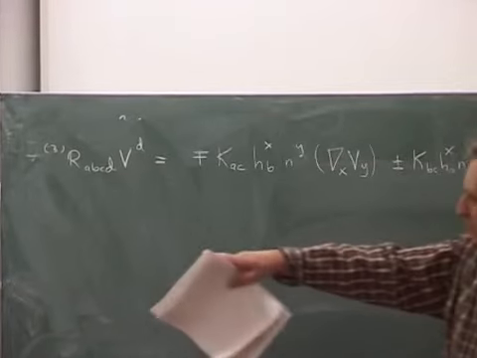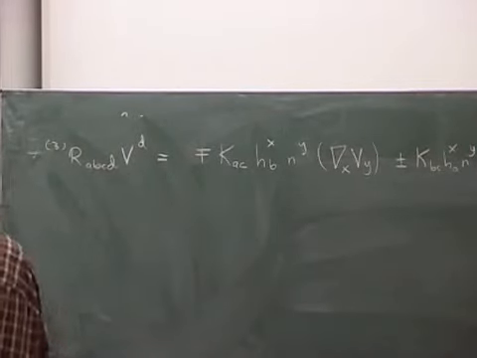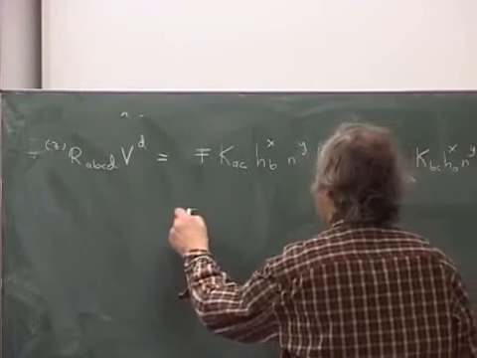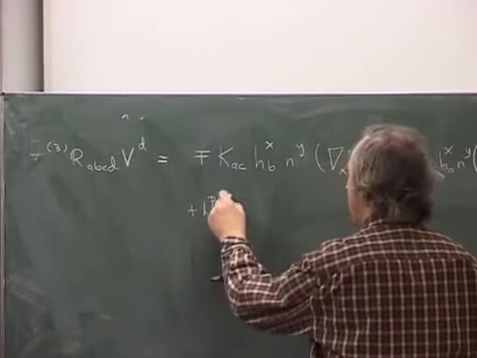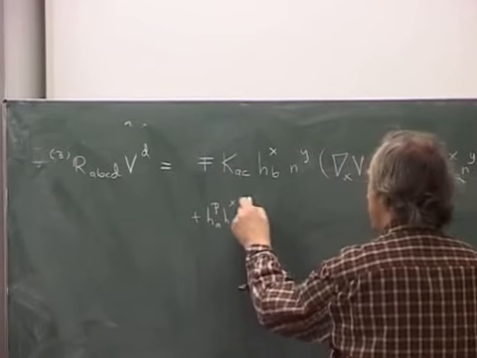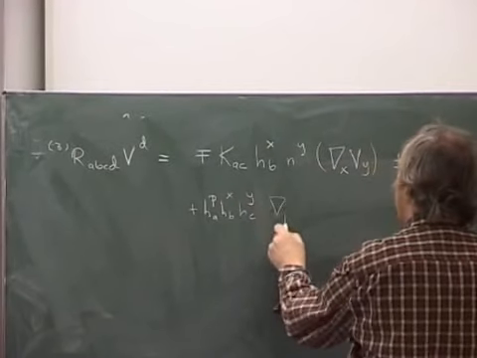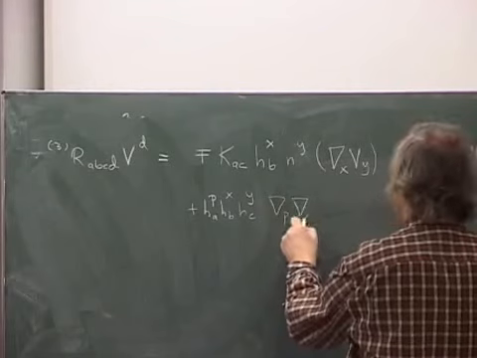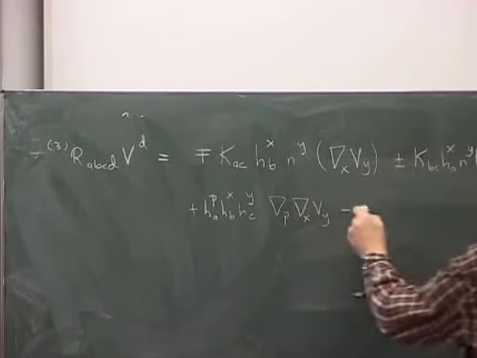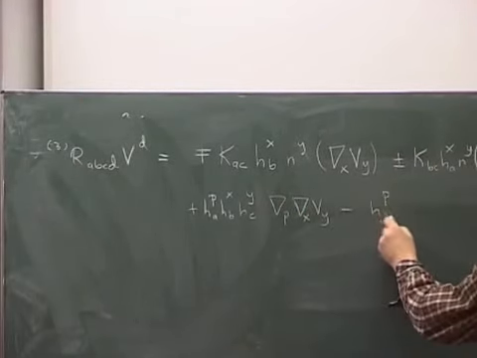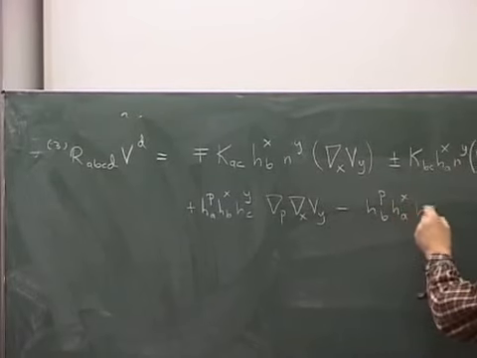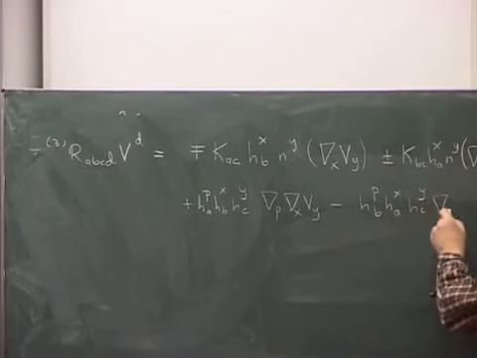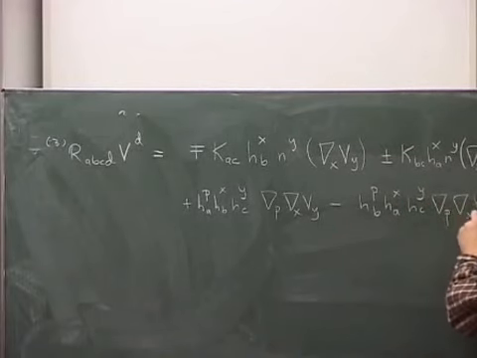Then I have this term here. This is plus HAP HBX HCY del P del X Vy minus HPB HAX HCY del P del X Vy.